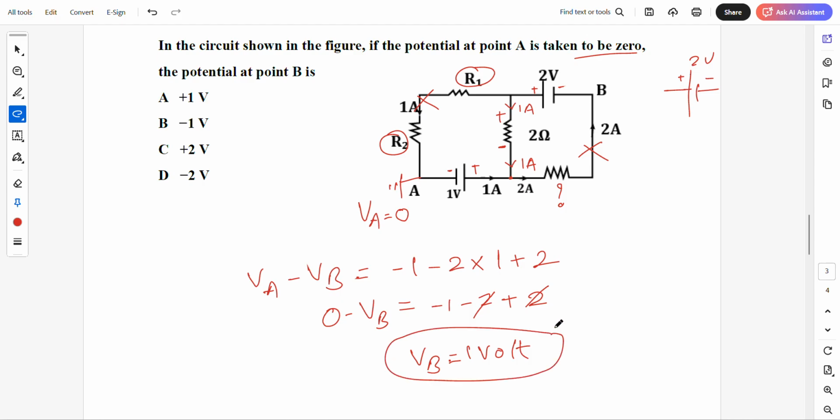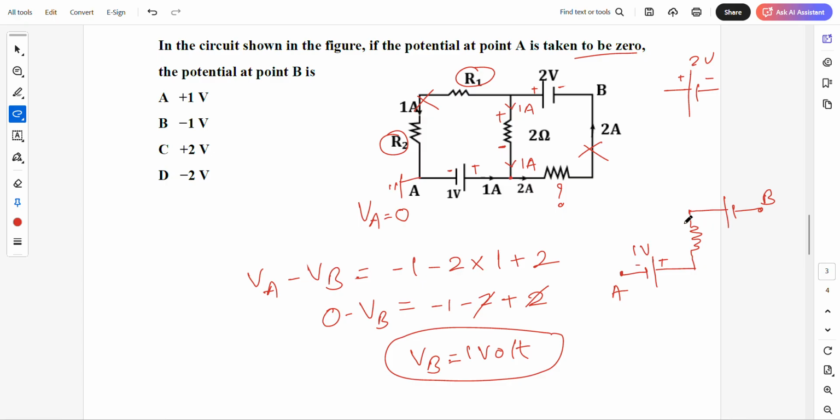Hope you understood, students. See, what am I doing? Moving from A to B. I am going from here like this. This is A, this is minus plus. This is one resistor. Again I am moving like this, this is plus, this is minus, this is plus 1 volt.